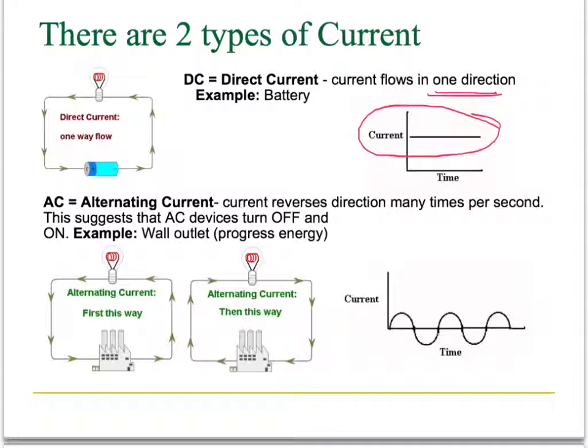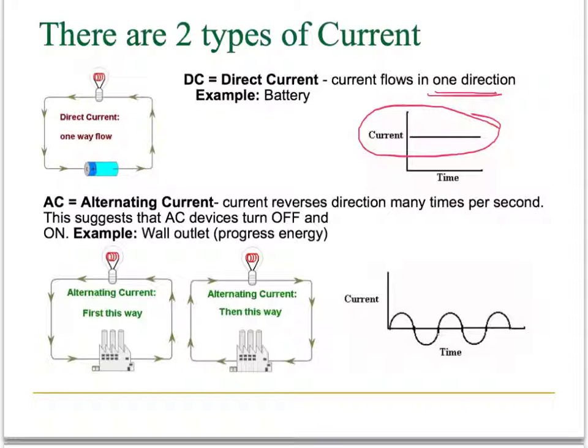DC is the type of electricity that is proper when you are operating small equipment that needs only a small amount of electrical energy to operate, like a calculator, a flashlight, small electronic devices. So these can be operated using DC.